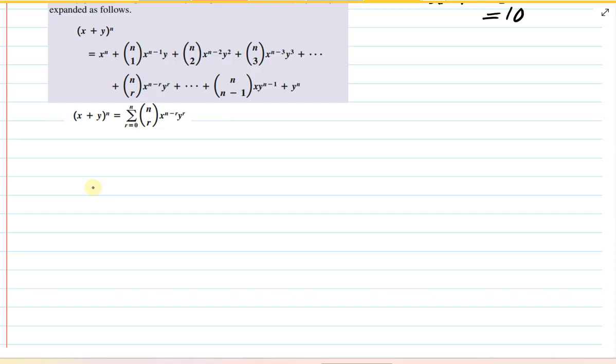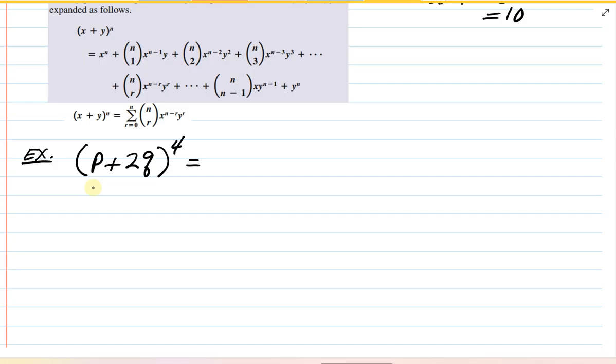So let's take a look at an example. In this example, suppose I want to do this. I'm just going to do the expansion of p plus 2q to the fourth power. Okay, and I'm going to do it exactly the way we did the one above. I'm going to use patterns.